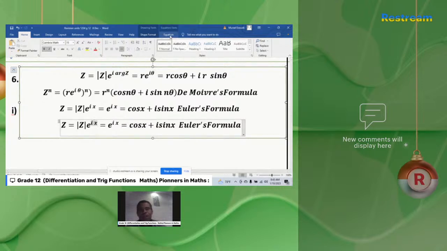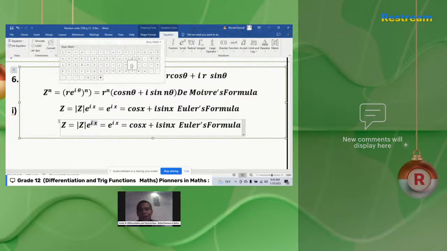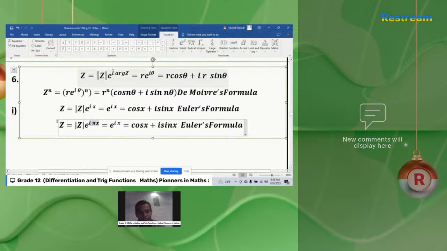I am looking for the angle pi, where the modulus of z is 1. This is equal to cosine pi plus I sine pi, and this is equal to minus 1.